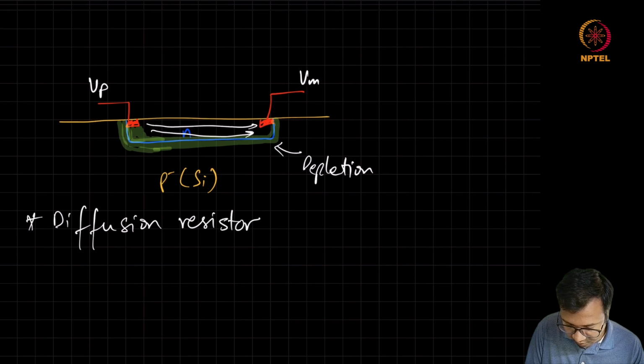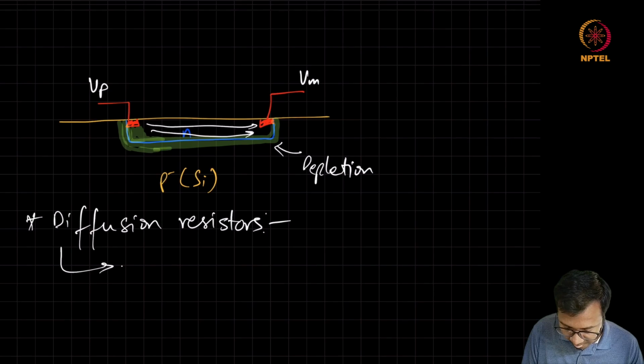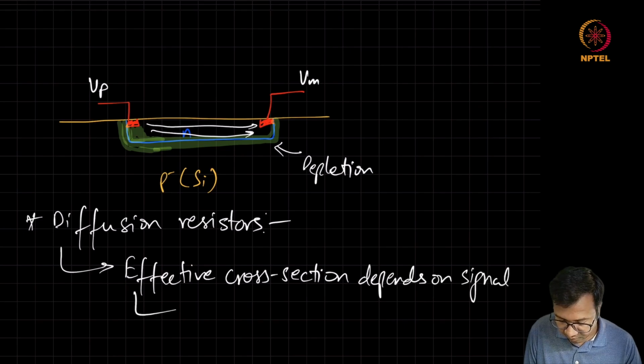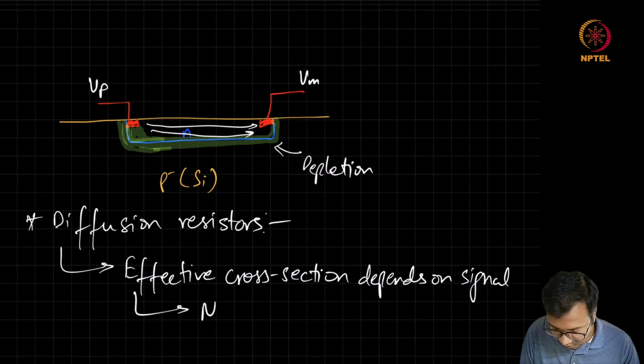The effective cross section depends on voltage, which means it's a non-linear resistance.